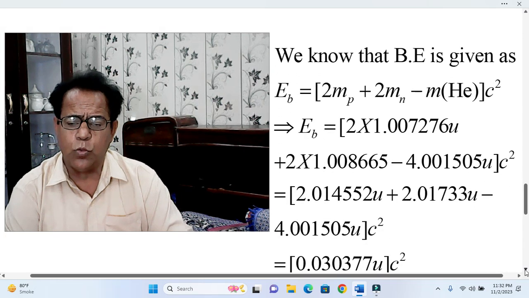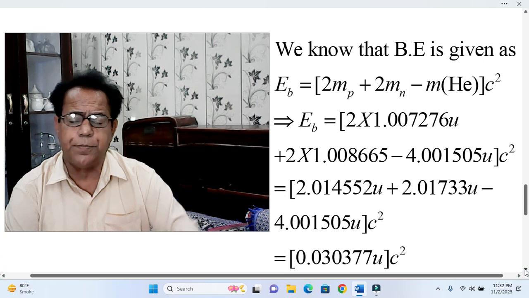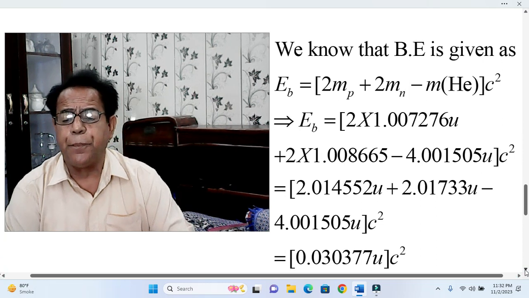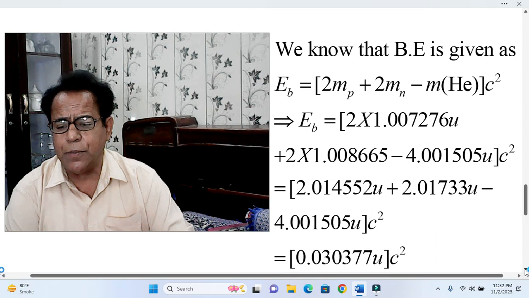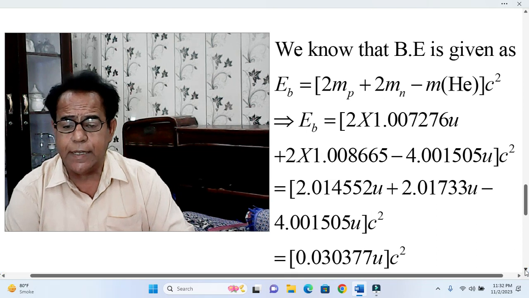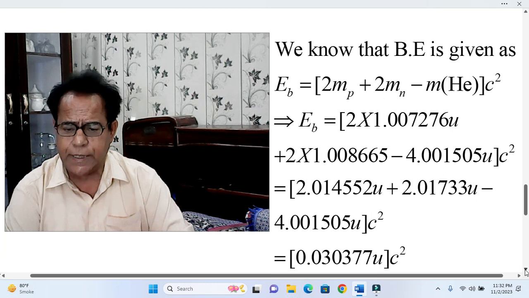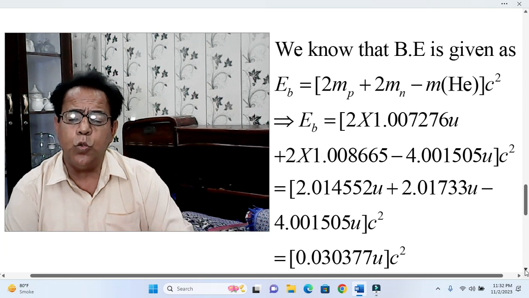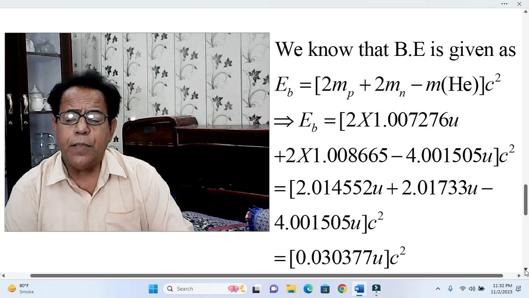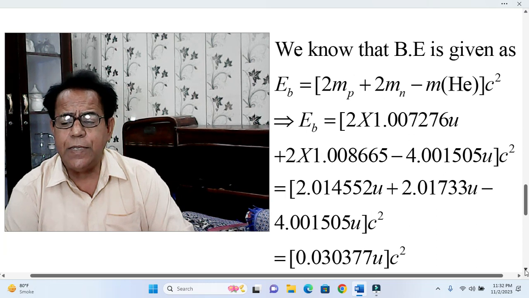Now we are going to the solution in a proper manner. We know that binding energy EB is equal to 2 into... Dear students, here we have said that helium contains two protons and two neutrons.